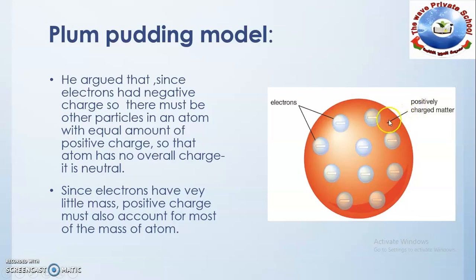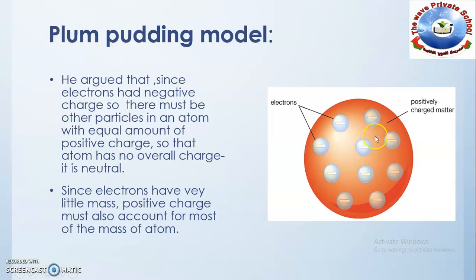This is positively charged matter, and electrons are embedded in this positively charged matter. So we can say that the atom is formed from a sphere of this positively charged matter with tiny electrons embedded into the positively charged matter.